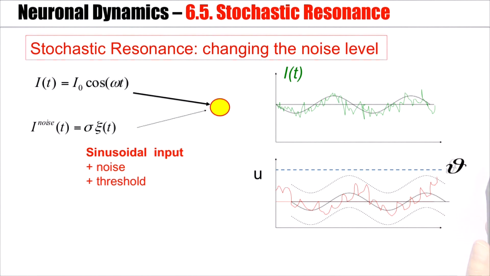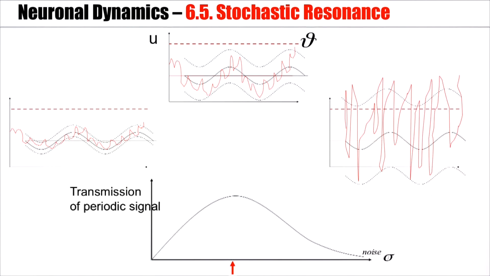Now in the presence of the threshold, it could be that the actual trajectory hits the threshold and then we have a spike. Obviously it's more likely to hit the threshold when the reference trajectory is further up, and it's very unlikely that you would see a spike here, because actual trajectories are expected to stay in the neighborhood of the reference trajectory.